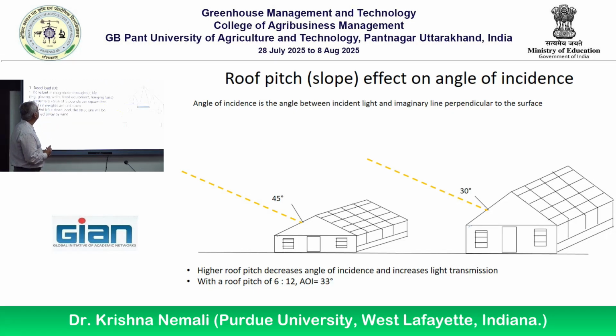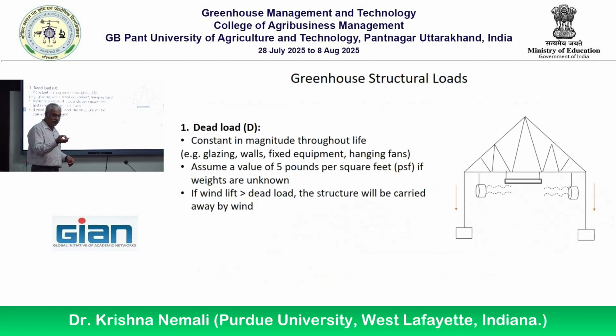All right. Okay, moving on. We're doing it very fast today, but I'm going to revise one more time. So when we started this chapter, the idea was to look at light transmission. We learned about angle of incidence and roof pitch. We looked at the designs. Now look at an arch versus a gable.